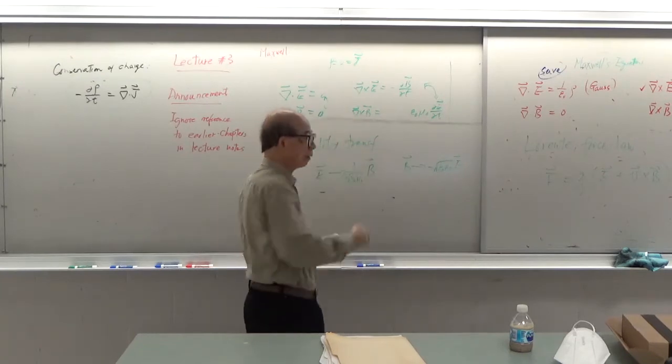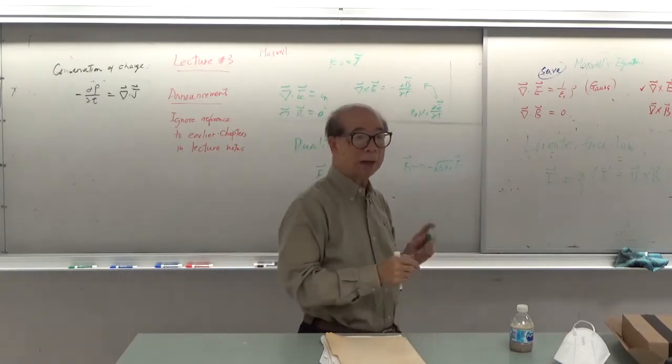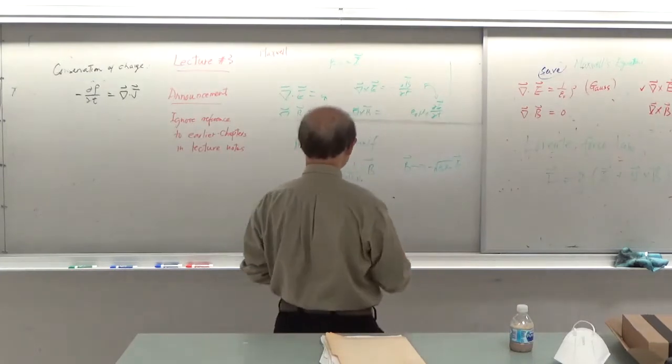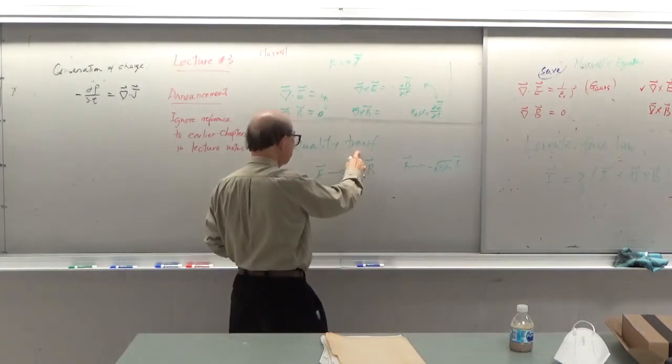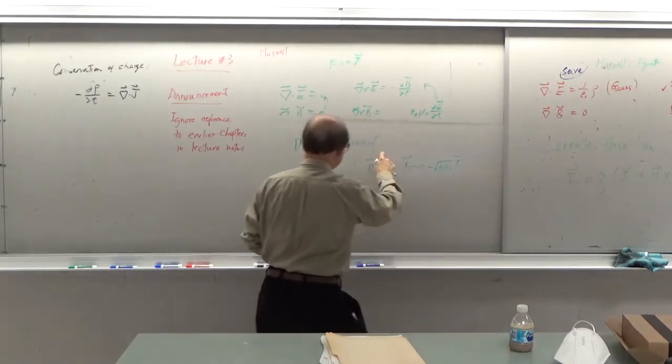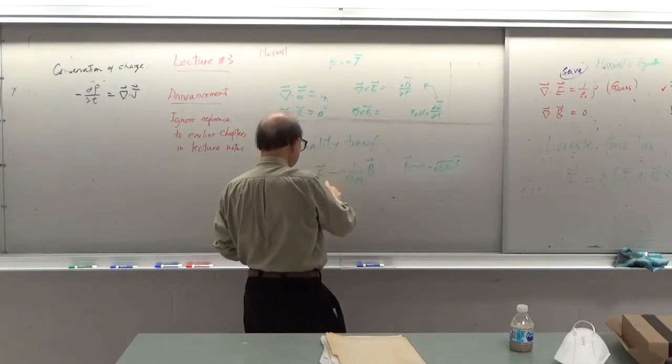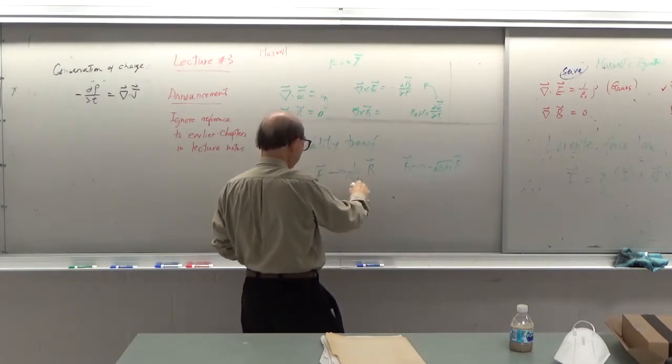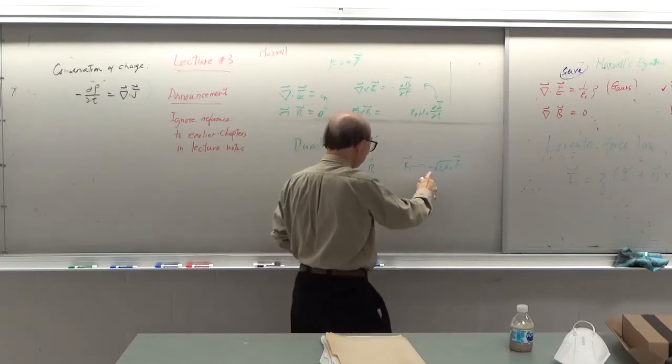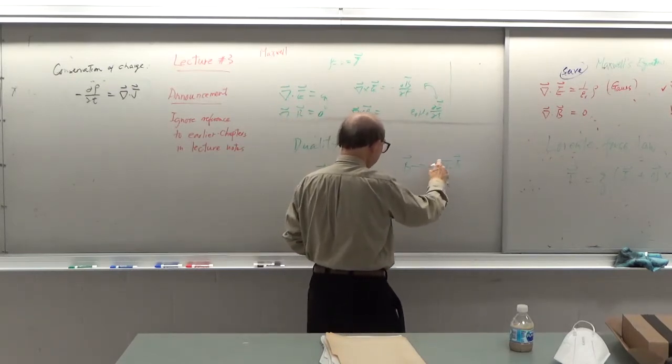In fact, Maxwell's equations are invariant under this so-called duality transformation, which says that under this transformation, E goes into B by multiplying this factor, and B goes into minus E times this factor.